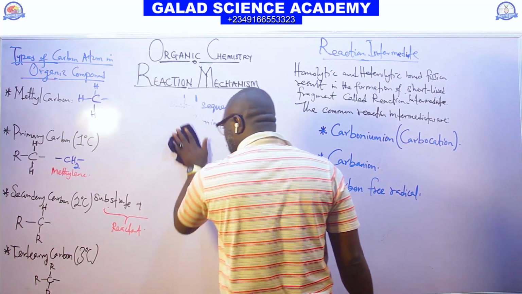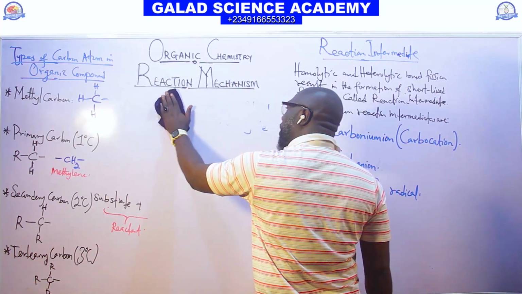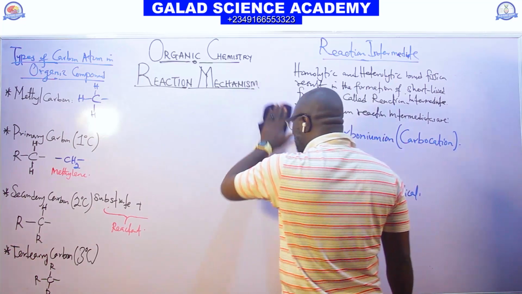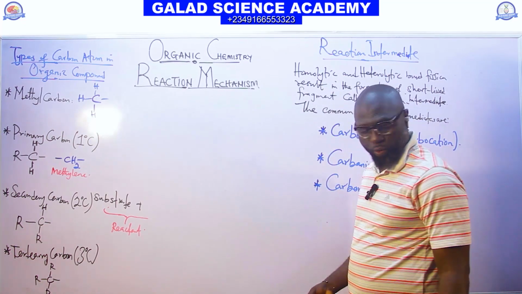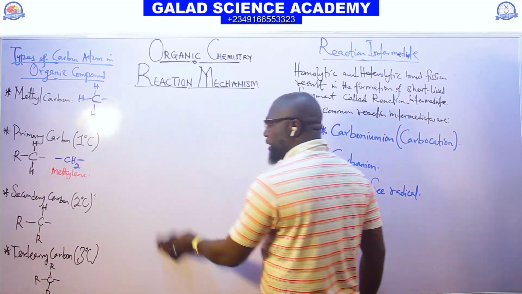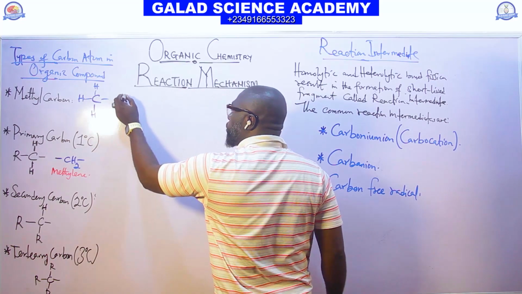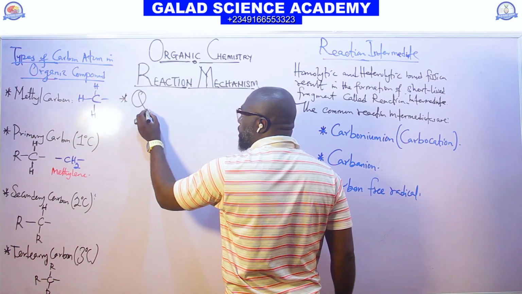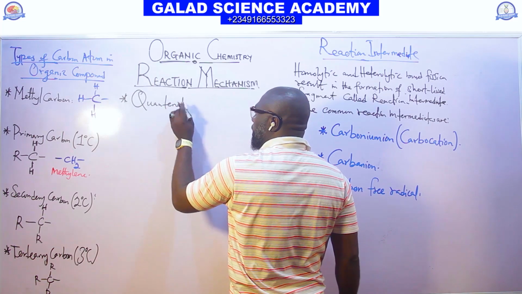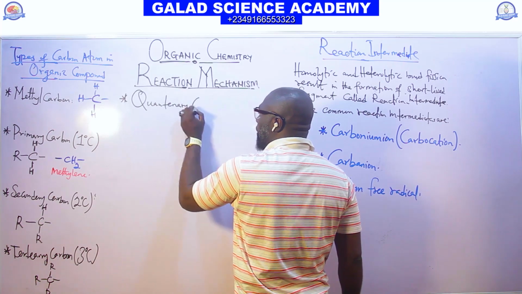And the next thing is quaternary carbon. A quaternary carbon is a carbon atom that has four alkyl groups.